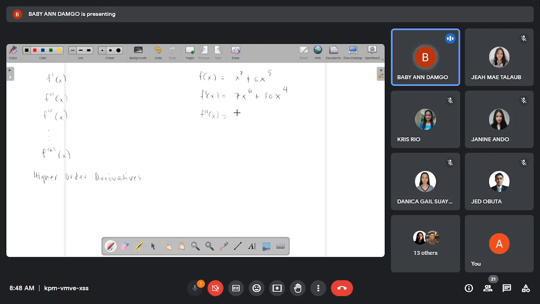So this is 42x to the 5th plus 120x cubed. For the third derivative, we take the derivative of this. 42 times 5 is 210, so 210x to the 4th plus 360x squared.